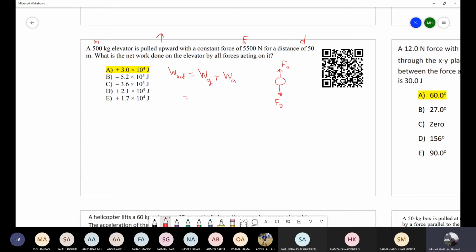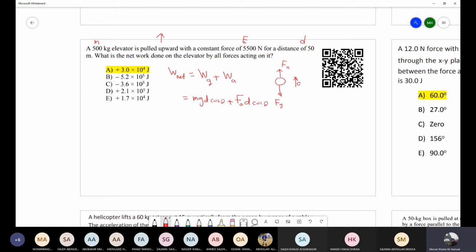The work due to gravitational force is equal to mg d cosine theta, plus the work applied is equal to Fa d cosine theta. Now our job is to find cosine theta. We know that it's upward.